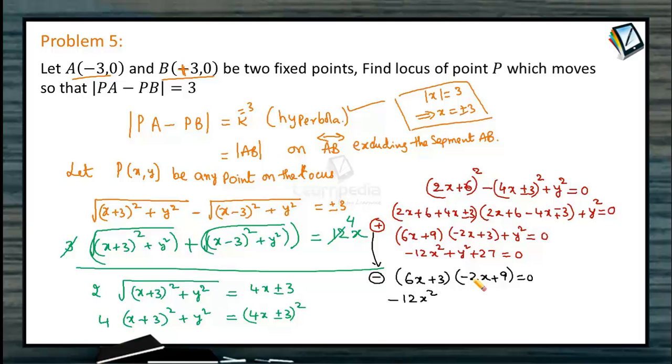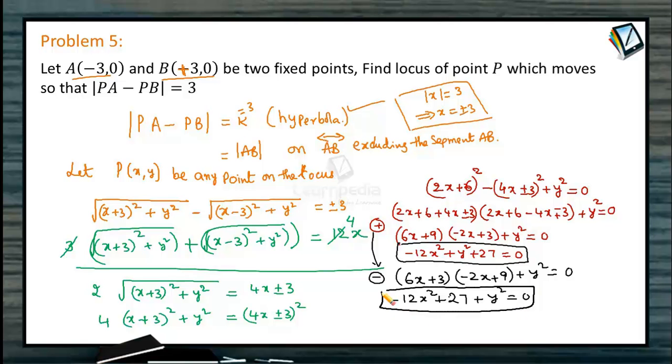Here again we see that the cross product terms get cancelled. Plus 27 plus y² is equal to 0. I can see here that both are giving me the same equation. So this becomes the equation of locus of P(x, y), which satisfies the condition that PA minus PB is 3, where A is (−3, 0) and B is (3, 0).